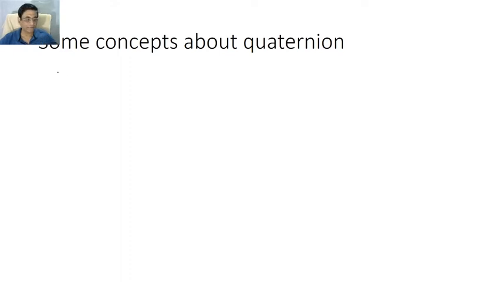Any quantity, Quaternion Q1, can be represented by this one: x1 i plus y1 j plus z1 k.